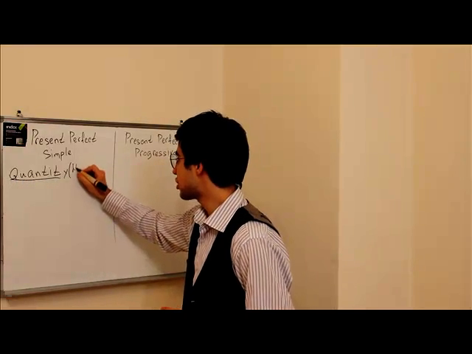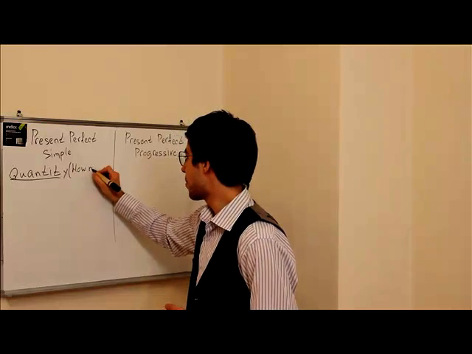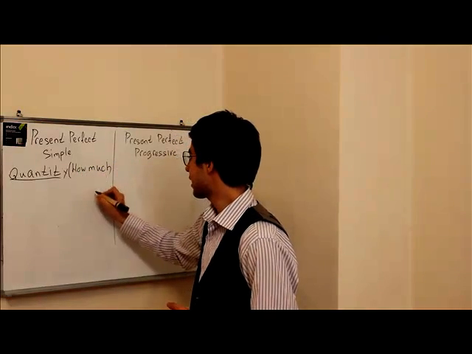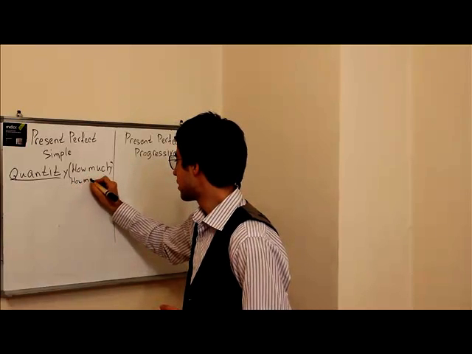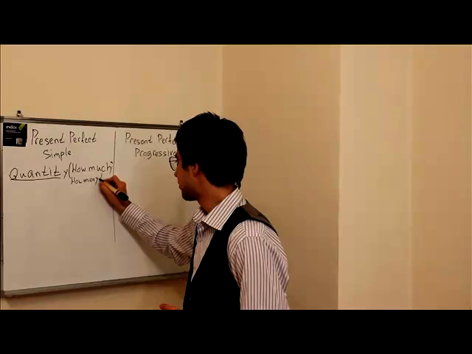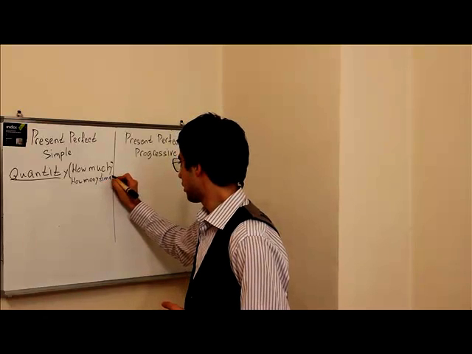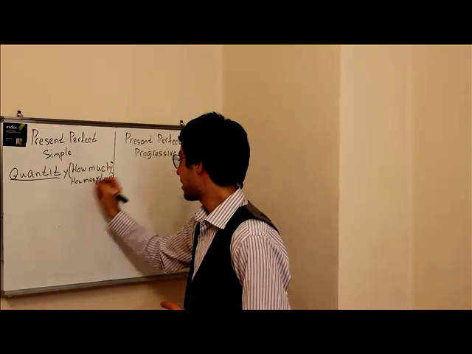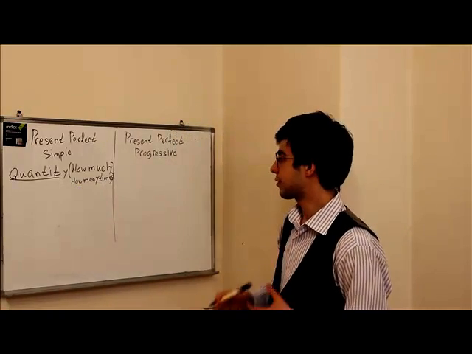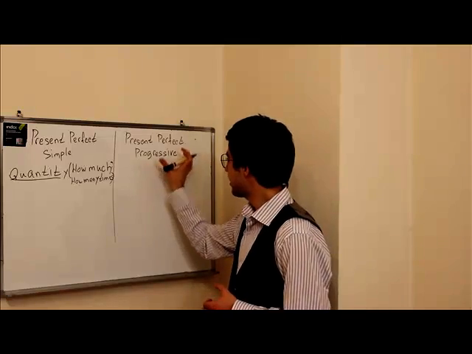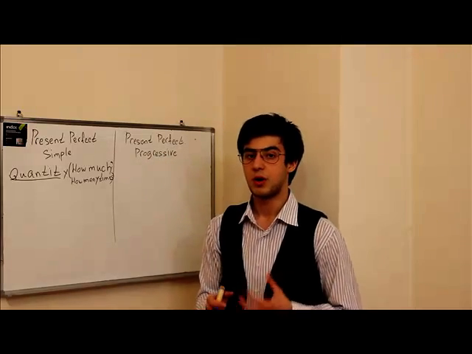So the first question is how much, and the second one is how many times. You see, how many times. To compare with present perfect progressive, we use present perfect progressive when we talk about quality.